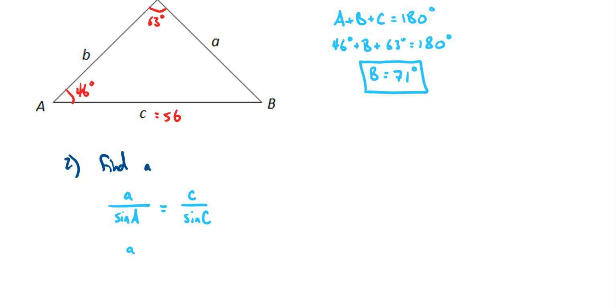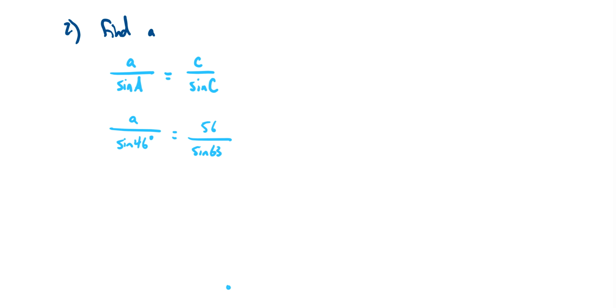So we're looking for A over sine of 46 degrees equals side C of 56 over sine of angle C, which is 63 degrees. And even though this looks kind of annoying to figure out here, it's usually not that bad. All we have to do to get A by itself is multiply sine of 46 degrees on both sides, so it ends up multiplying on the right.